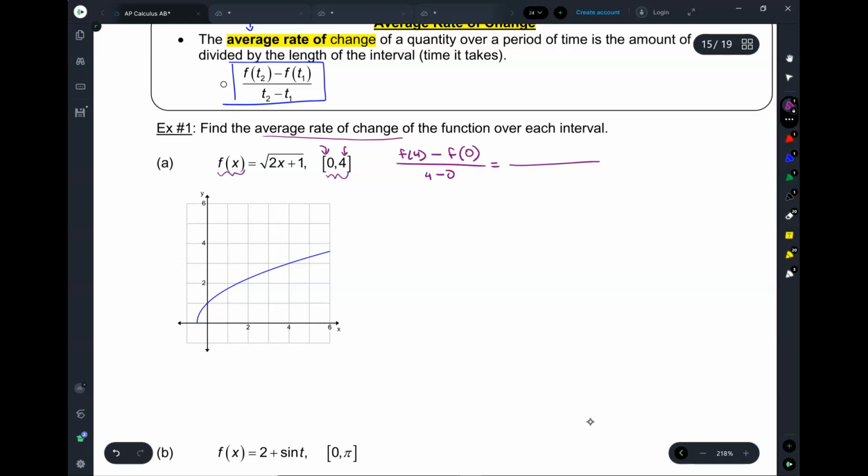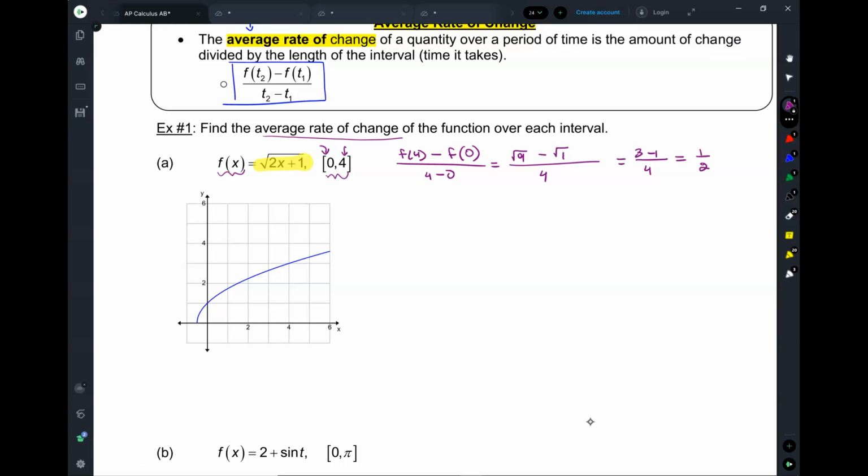Now, f of 4 means the y value when x equals 4. So I'm going to plug those into this function here. So f of 4 is the square root of 9 minus the square root of f of 0, which is 1, all over 4. So that's 3 minus 1 over 4, which is equal to 1/2.